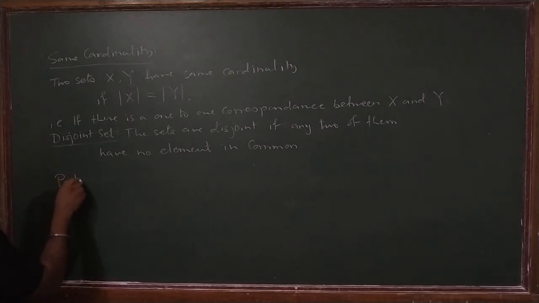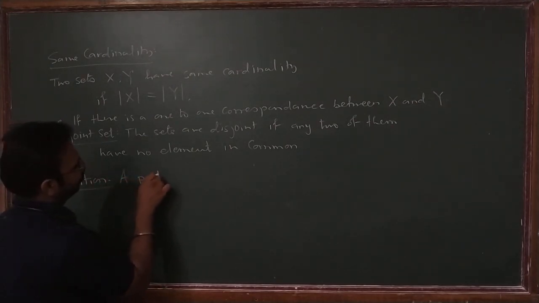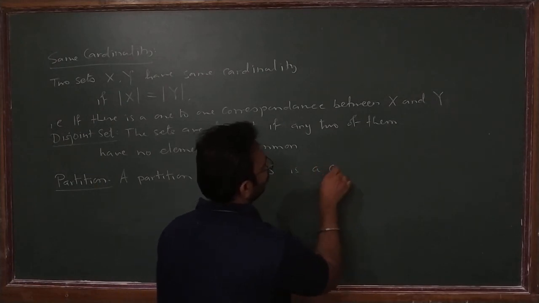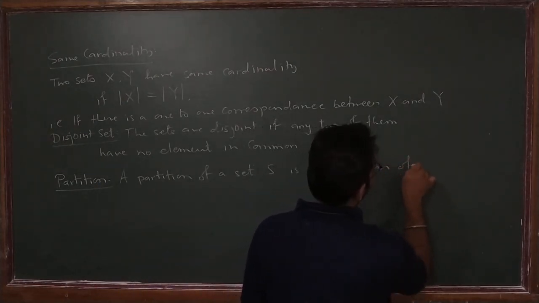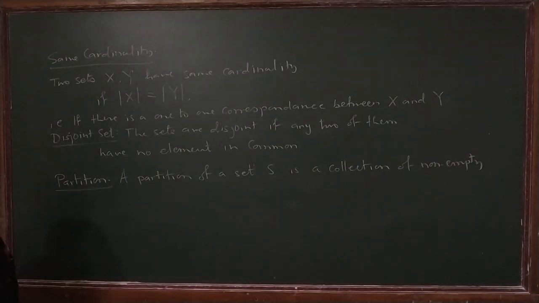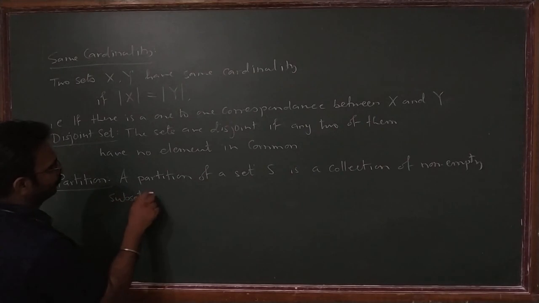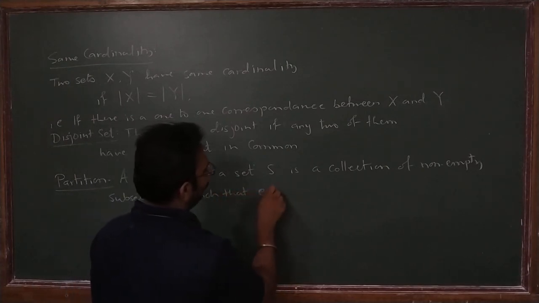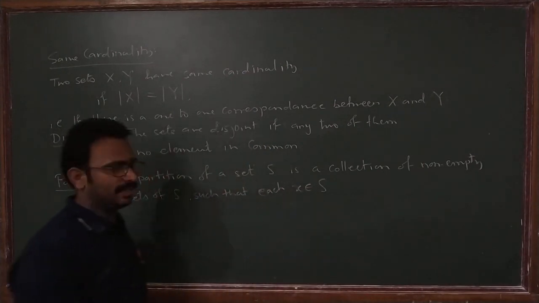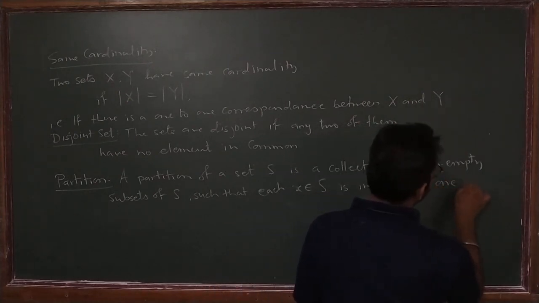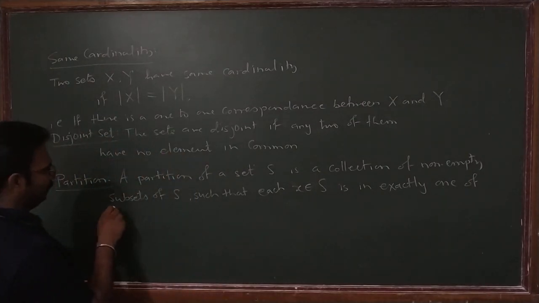And then partition. The definition is: a partition of a set S is a collection of non-empty subsets of S such that each x in S is in exactly one of the subsets.